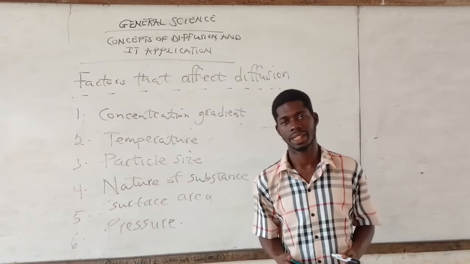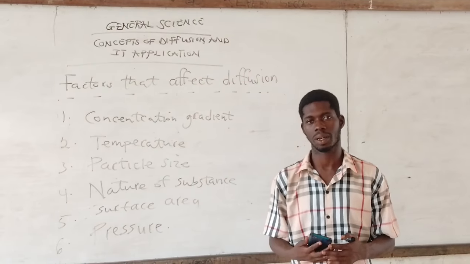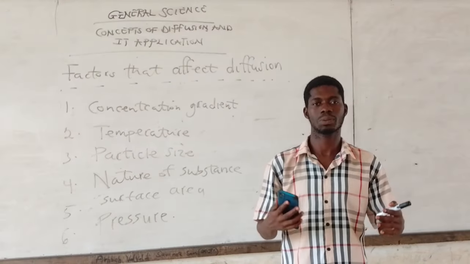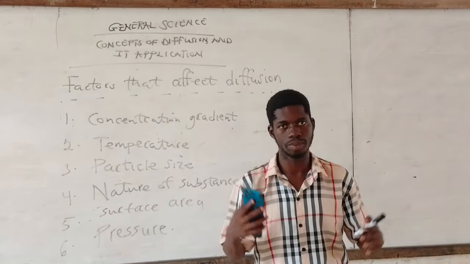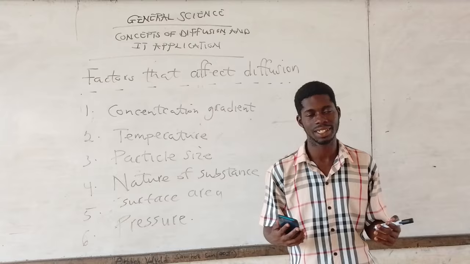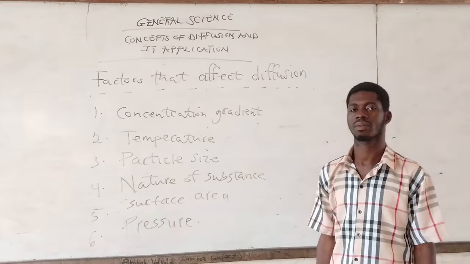Potassium permanganate crystal. Yes, we have performed that experiment. We also talked about an experiment to demonstrate diffusion using what? Perfume. So this is our third lesson concerning the topic diffusion.